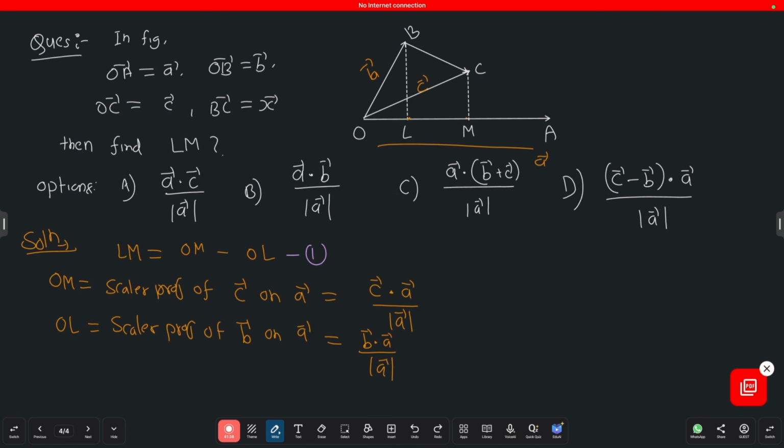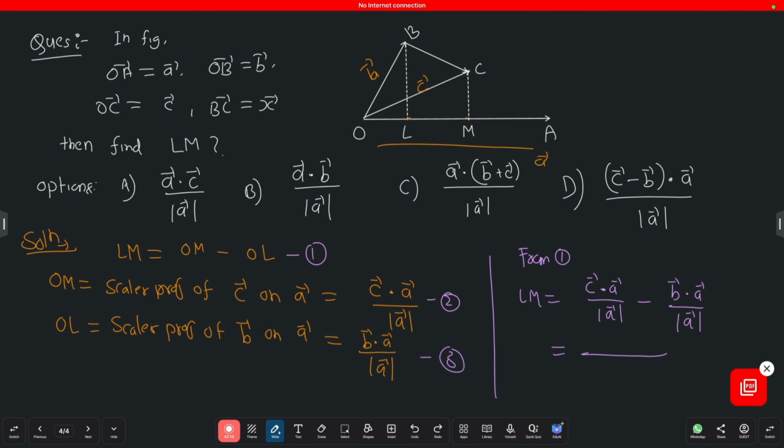Suppose this is the first equation, this is the second, and this is the third. Put the values of equation 2 and equation 3 in equation 1. Then from 1, LM means OM, and OM means C dot A divided by mod A minus B dot A upon mod A.